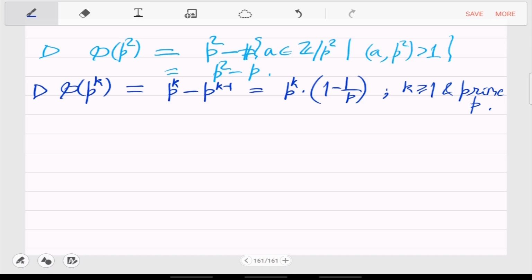So we are making great progress because now we understand this function in the case of primes and also their powers. So all that is left is product of prime powers, because every number n can be written as a product of prime powers. So can you connect now, let's say, phi of p and phi of q with phi of pq? What do you think it should be?